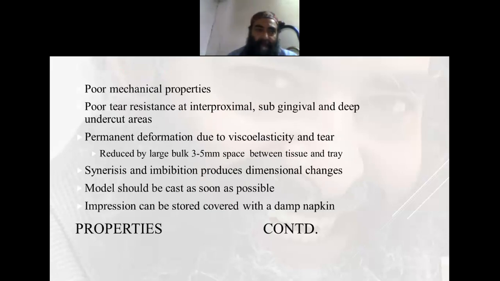So mechanical properties are also poor, like agar. Poor tear resistance is also there, like agar, especially interproximal between two teeth, subgingival and deep undercut areas.